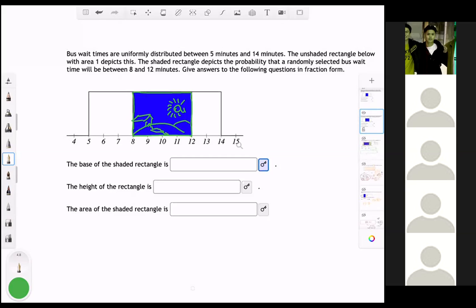Cool. So what's the base of the picture frame? 4. 1, 2, 3, 4. We can read it, but in algebra, 12 minus 8 will be 4.